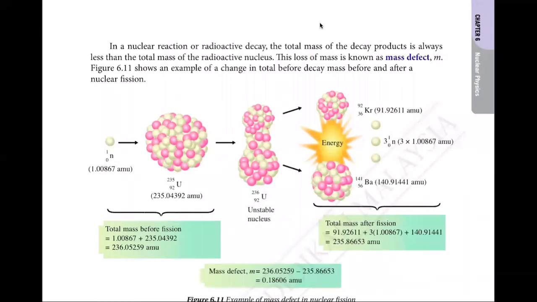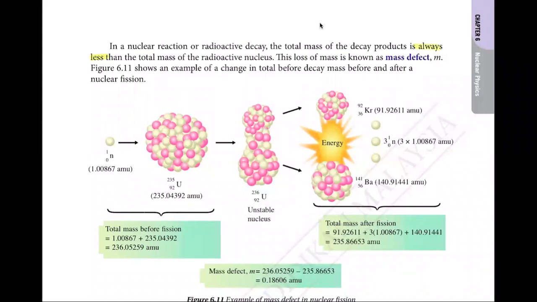Let's look at the example of this equation. In a nuclear reaction or radioactive decay, the total mass of the decay product is always less than the total mass of the radioactive nucleus. Yes, it is always less.